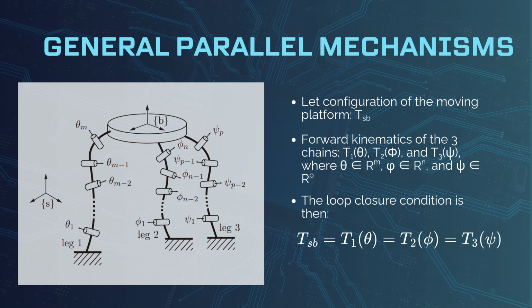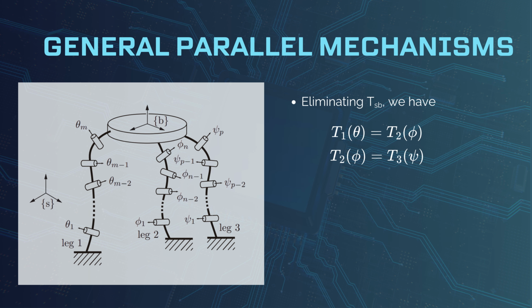The loop closure condition is T_SP equals T1(theta) equals T2(phi) equals T3(psi). We can also write these equations as T1(theta) equals T2(phi) and T2(phi) equals T3(psi). Each of these equations consists of 12 equations.